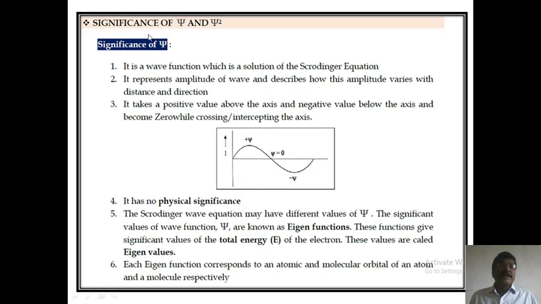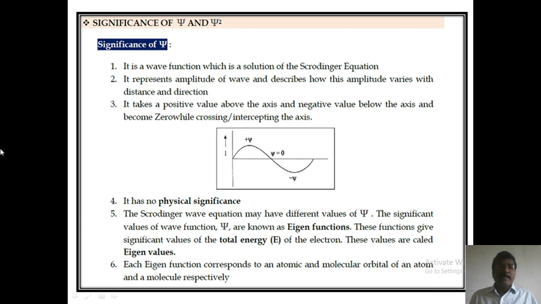Next, significance of psi and psi square. First of all, what are the significance of psi? There are 6 significance available. First one, it is a wave function which is a solution of the Schrodinger equation.